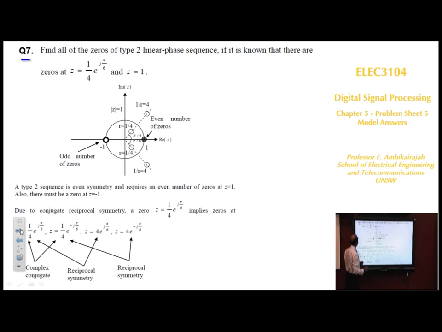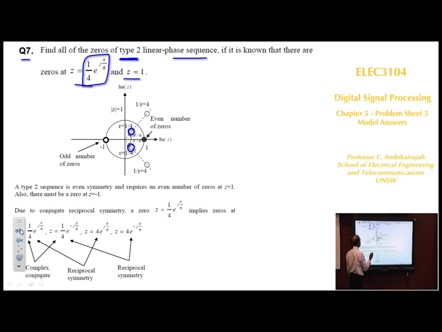Question 7 is you've been given a linear phase sequence, and the zeros are at that position and that position, and you've been told it's a type 2 sequence. So what we need to do is make sure that for the type 2 sequence you have that. First, let's put that in, that's here, but it must have a conjugate, so it's there.